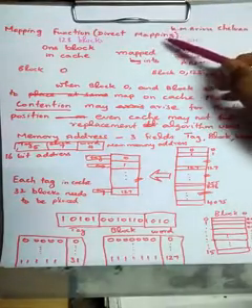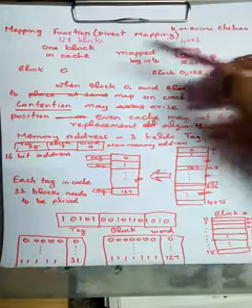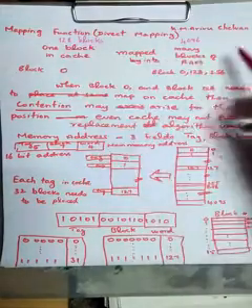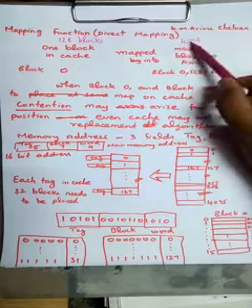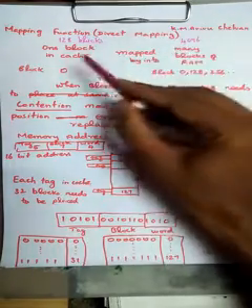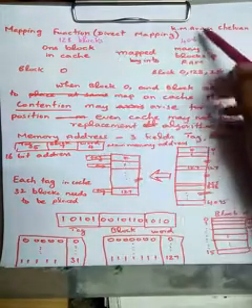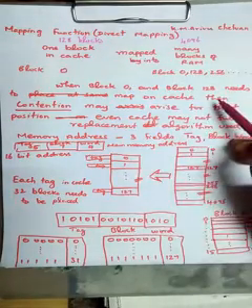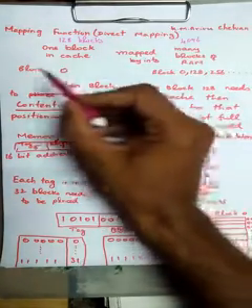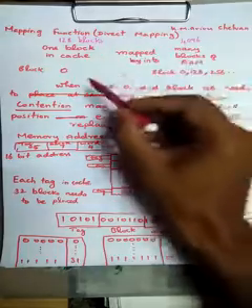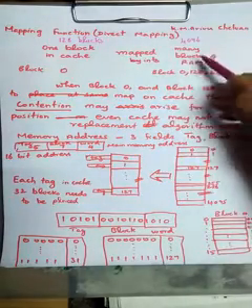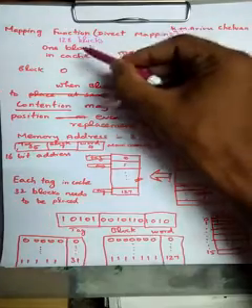Here we see a little more detail about direct mapping. As we already saw, our cache contains 128 blocks and our main memory contains 4096 blocks. Now we want to map these 4096 blocks into these 128 blocks. Since the sizes are different, many blocks need to reside in one location.